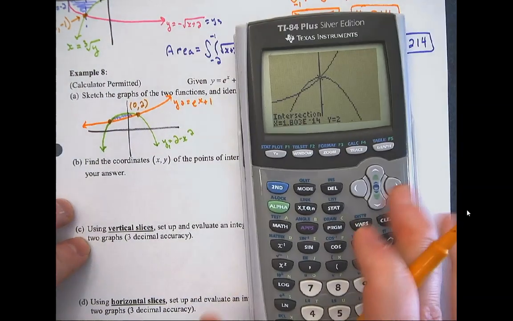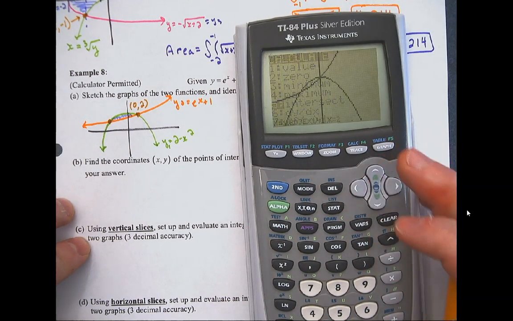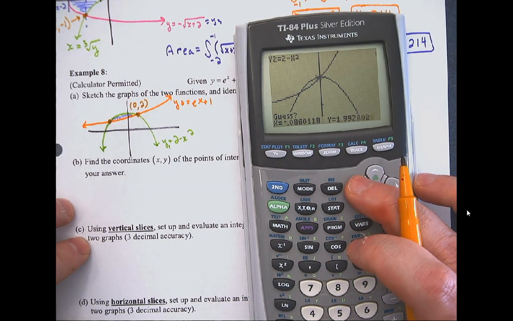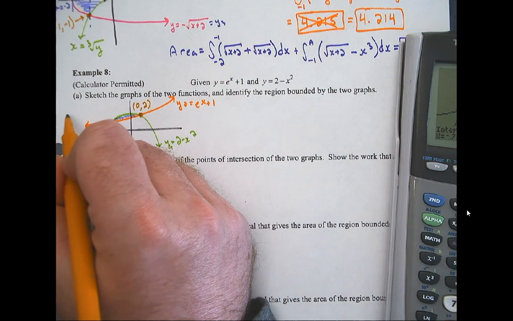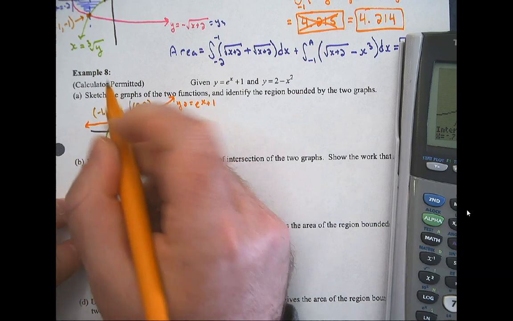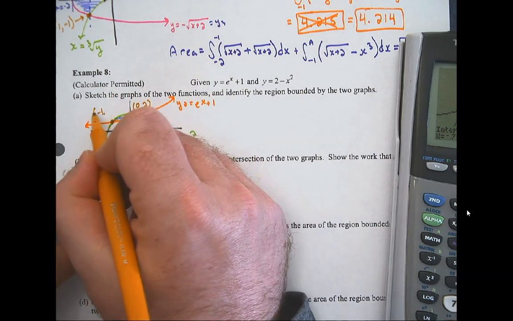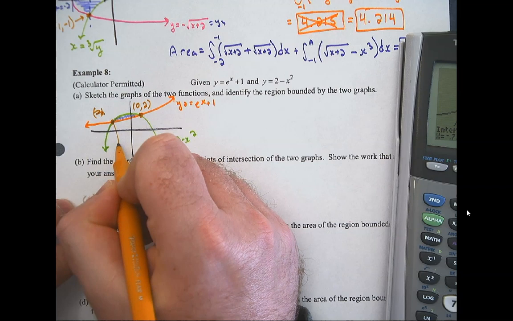This is the point. Second calc intersect. I'm going to hit guess and guess again, but this time when I get to guess, I'm going to move my cursor closer to that other intersection, and we get -1 point. Nope. How about let's go down here. Nope.